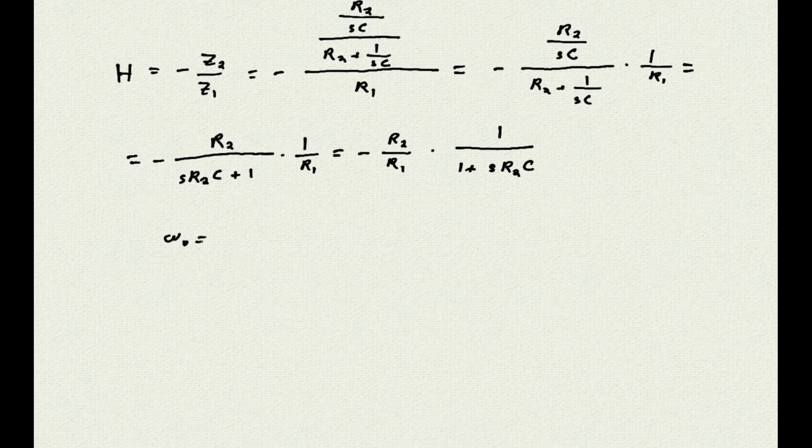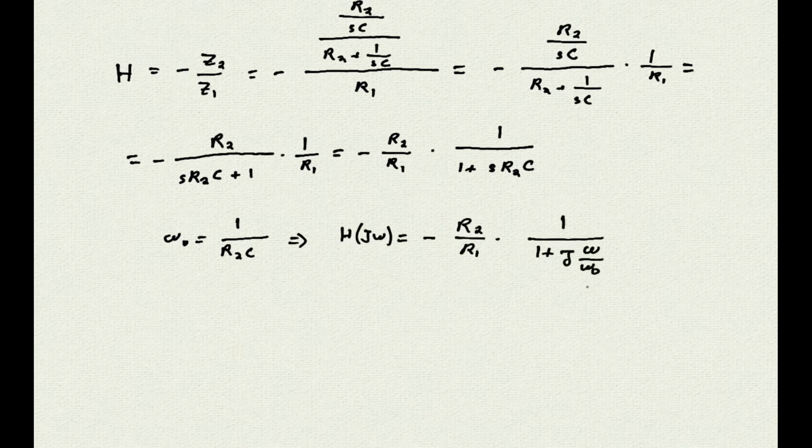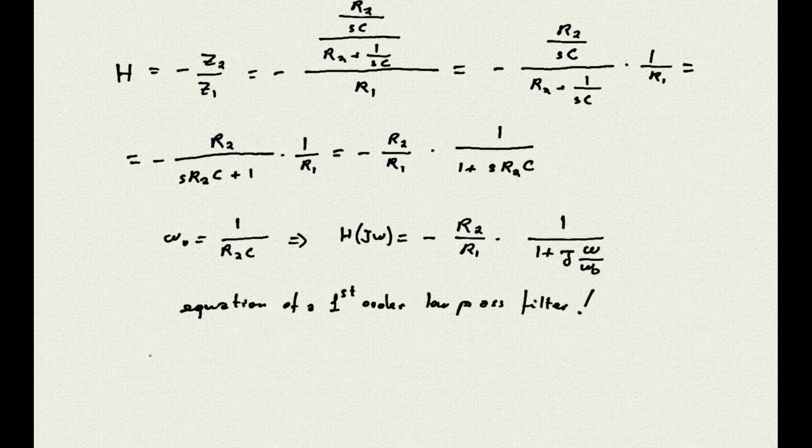And because of what we have already seen with passive filters, we now know that the cutoff angular frequency is given by 1 over R2 times C, and the transfer function can be finally written like this. Observing this function, we see that it has one pole, omega 0, and no zeros, because the numerator is a constant.